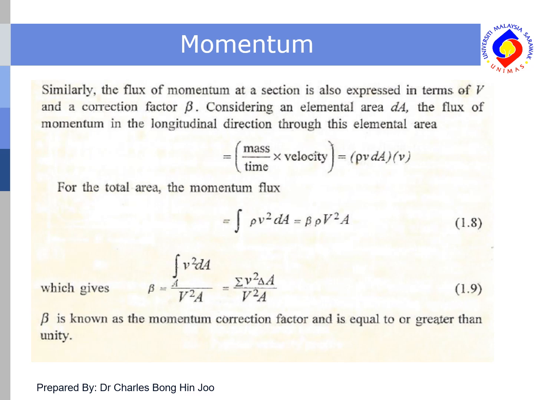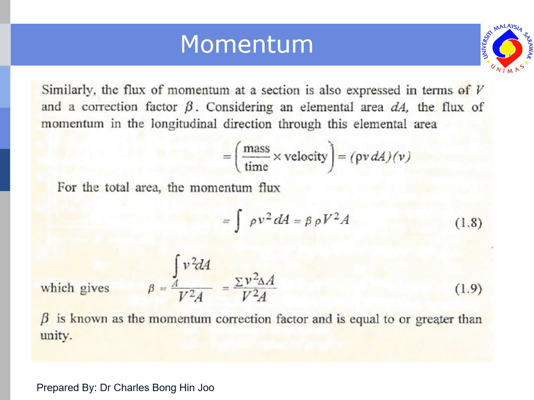As for the flux of momentum at the section, it is also expressed in terms of the velocity v and a correction factor beta. Now, considering an elemental area dA, the flux of momentum in the longitudinal direction can be given as mass over time multiplied by the velocity.